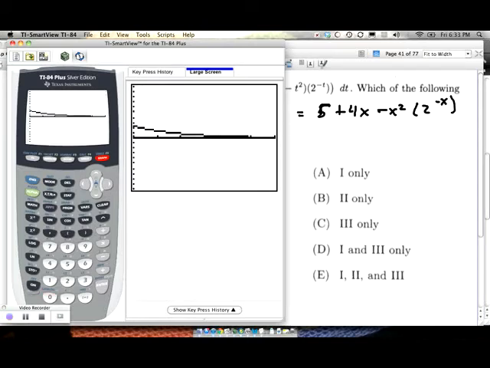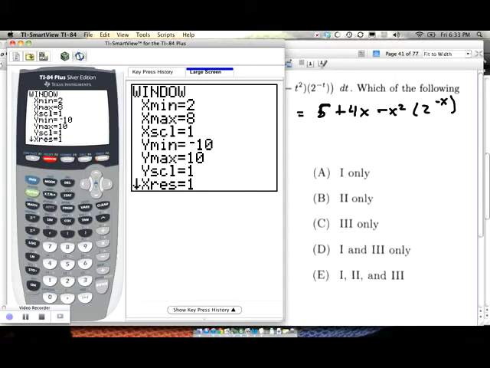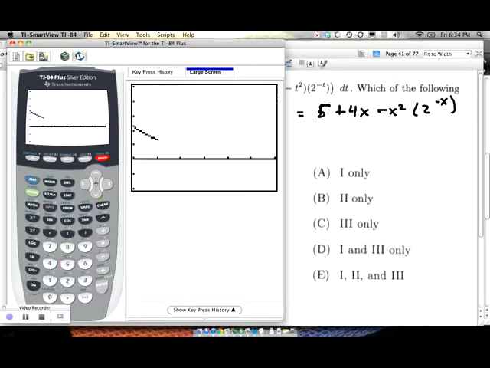Okay, so I have a graph here. It looks like it doesn't actually go that high or low, maybe up to 5 and down to not even lower than 0. So let's see what we got. Y minimum, I'm going to go to negative 2. And for y maximum, let's go to 5. Okay, so there's my picture.